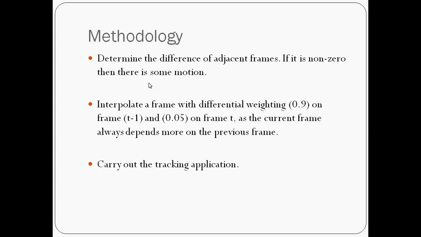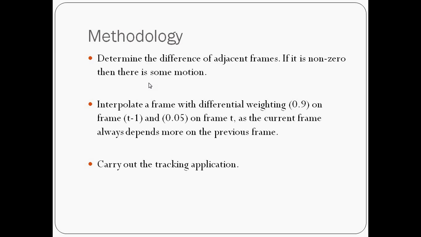put in another frame, and this is created by differentially weighting each of the pixels of the previous frame and the next frame with respect to the frame which we are inserting. So if t minus 1 was the previous frame, I weighted it by 0.9 in this project, and the next frame by 0.05, which is an optimal solution which I had found by doing some sort of balancing, because the current frame is always going to depend a lot more on the previous frame rather than the next frame.